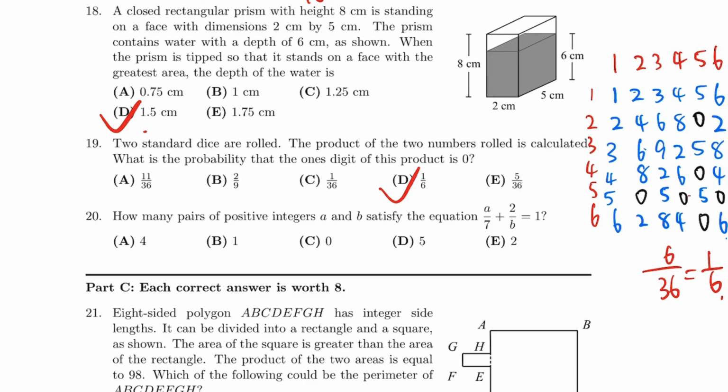So in this case, each of them should be less than 1. A over 7 is greater than 0, less than 1. Then the positive value of a: 0 is smaller than a over 7, smaller than 1. So the value of a can be 1, 2, 3, 4, 5, and 6, right?